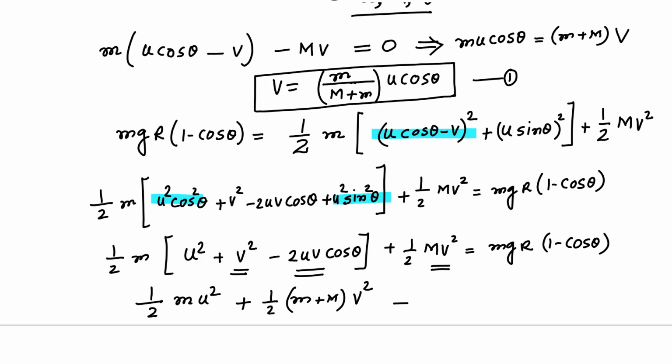Minus 2 cancels out, so we will have minus m u v cos theta equal to mgr (1 minus cos theta). So this is my second equation. So we have two equations. We need one more equation.